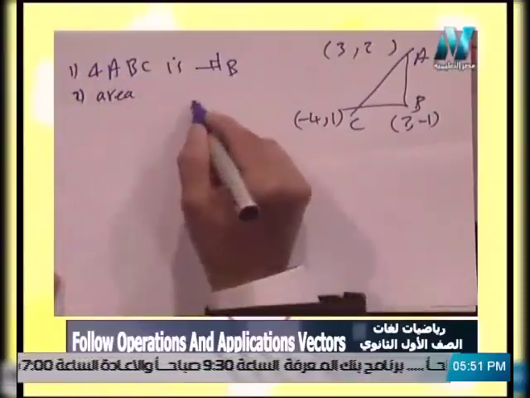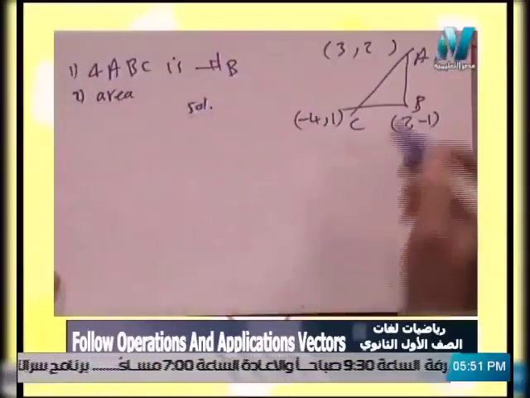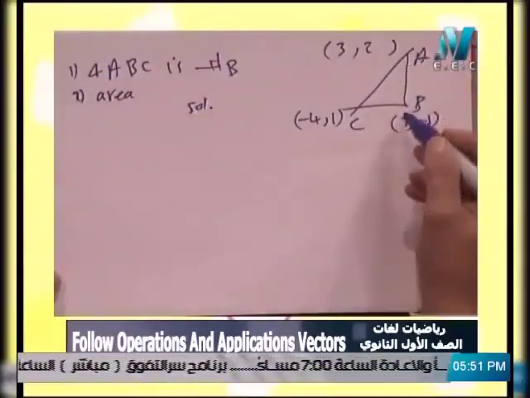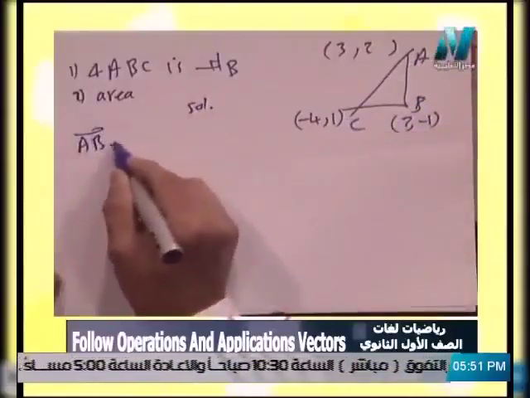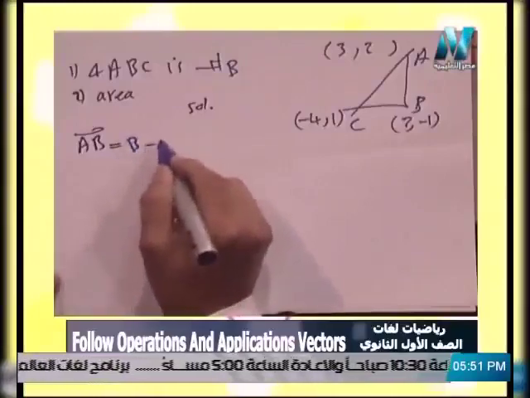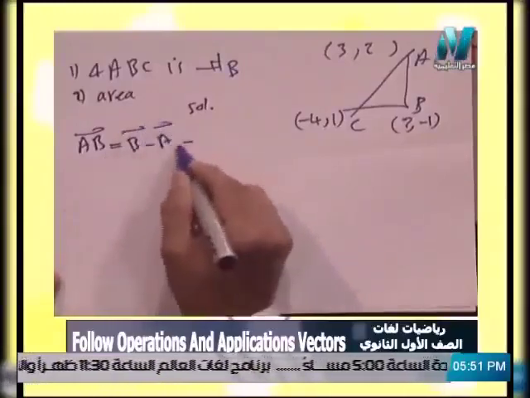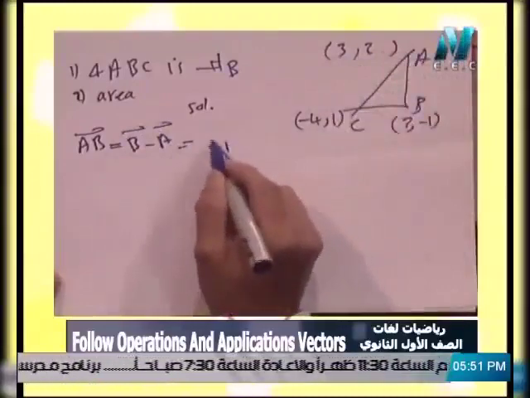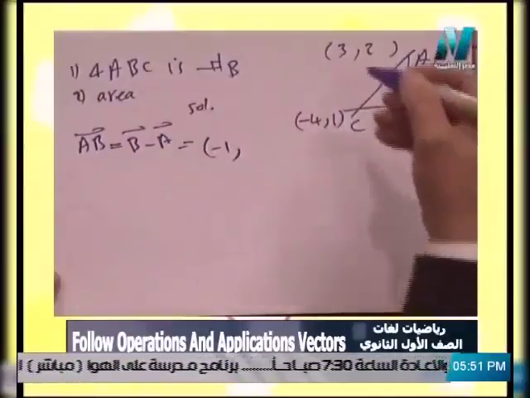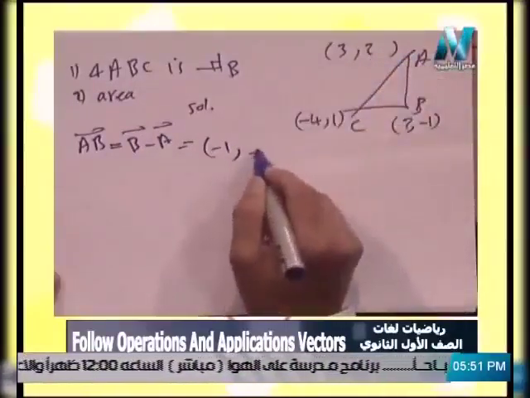To find the solution, we have to find the vectors AB and BC. The vector AB is B minus A: 2 minus 3 equals negative 1, and negative 1 minus 2 equals negative 3.